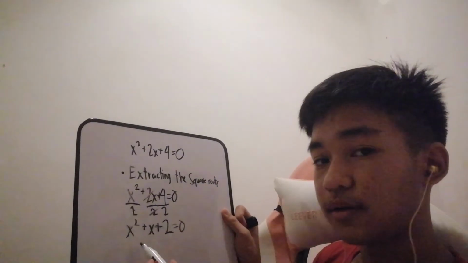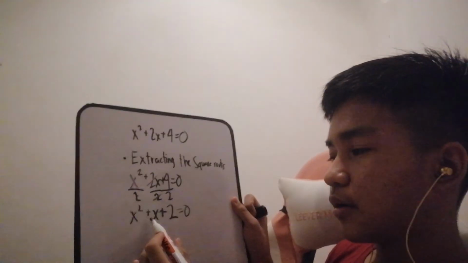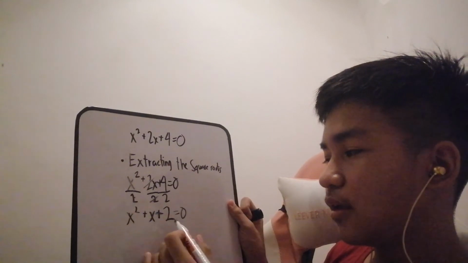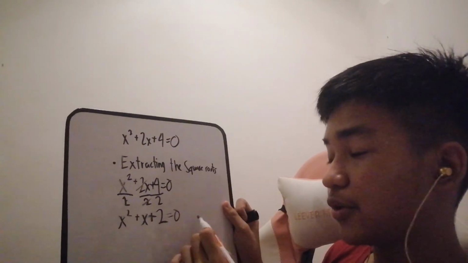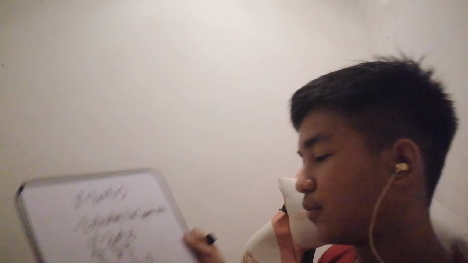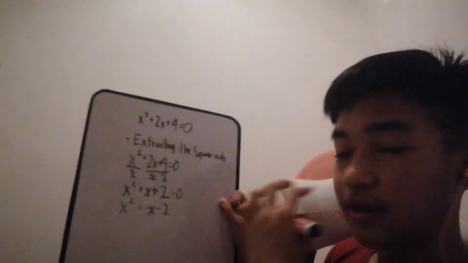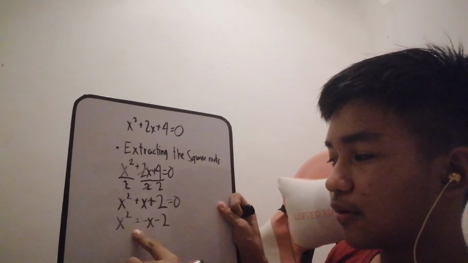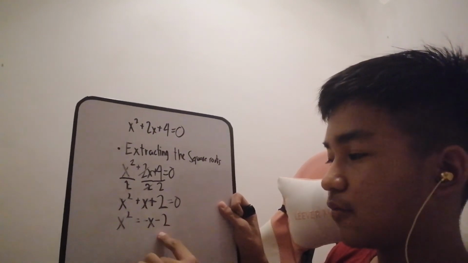And now, the b and c are going to be put outside. So it will be x squared equals negative x negative 2. X squared is equal to negative x and negative 2.